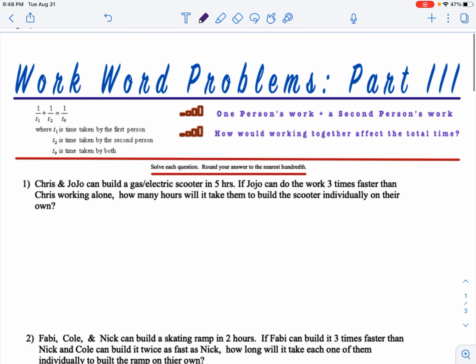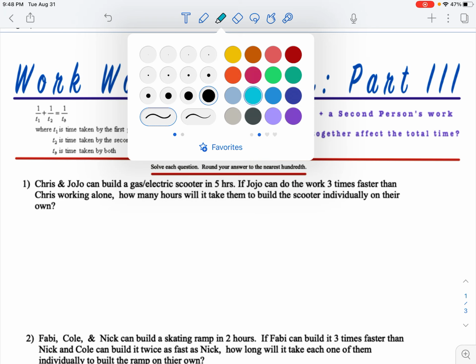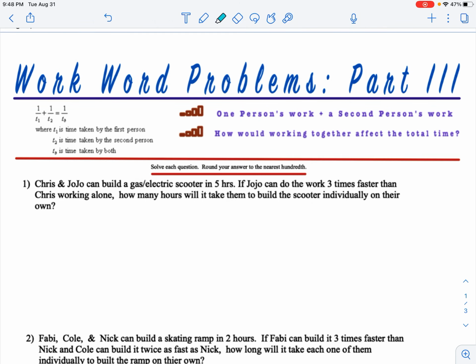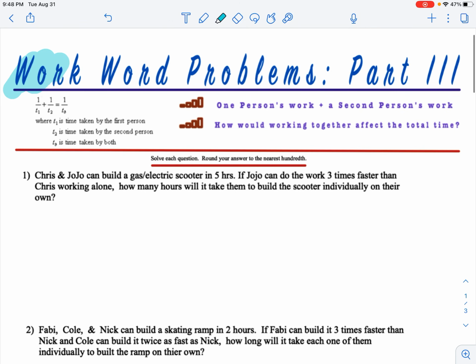So let's go to our notes here. So first thing we do, as always, is we identify the name of these notes, and these notes are called Work Word Problems, Part 3. So we're at part 3 of these notes on word problems, on work word problems specifically. So each time we're getting a little bit more complex, and this time we're going to get more complex as well.